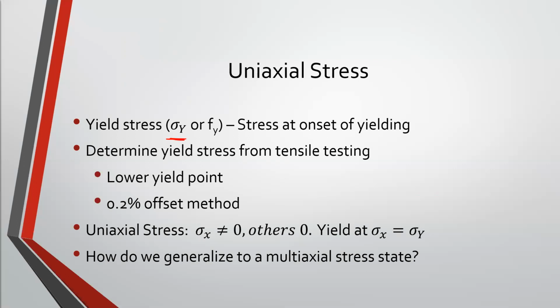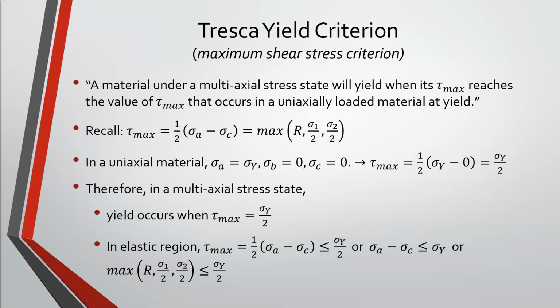All right. So the first method is called the Tresca yield criterion. And in quotes here, I have written the concept that explains all the functions. So this first sentence is what we're trying to achieve. A material under multi-axial stress state, so for example, that could be our pressure vessel, with more than one normal stress, will yield when its maximum shear stress reaches the value of maximum shear stress that occurs in a uniaxially loaded material at yield.